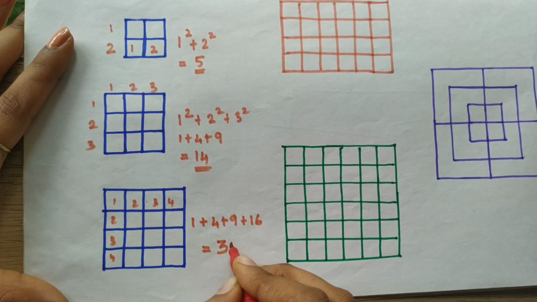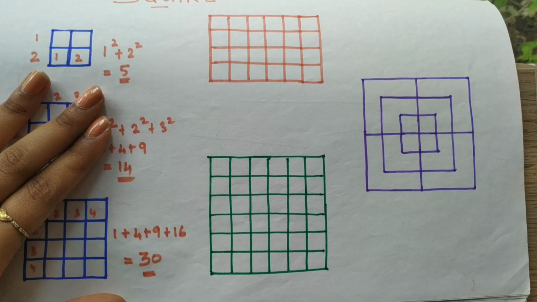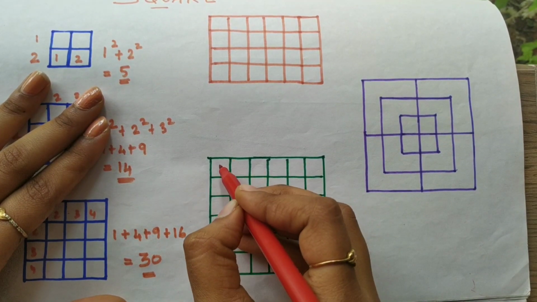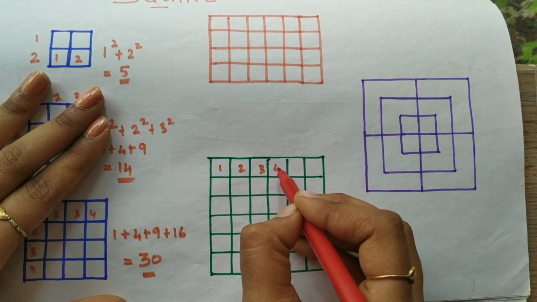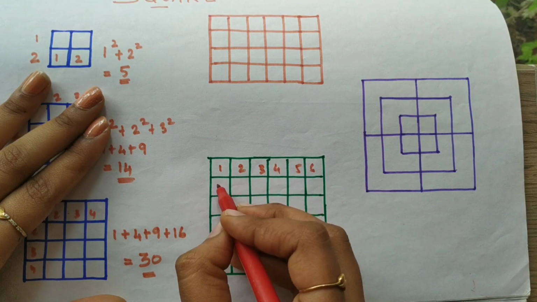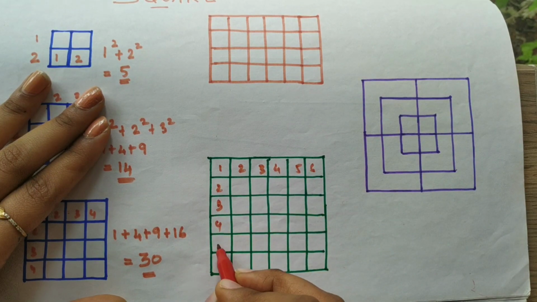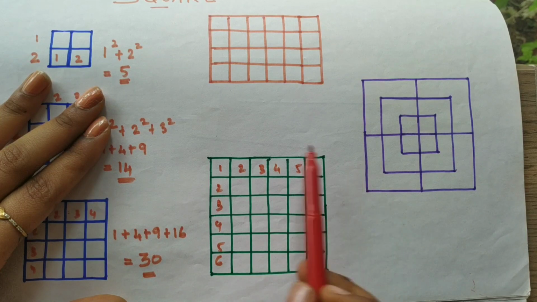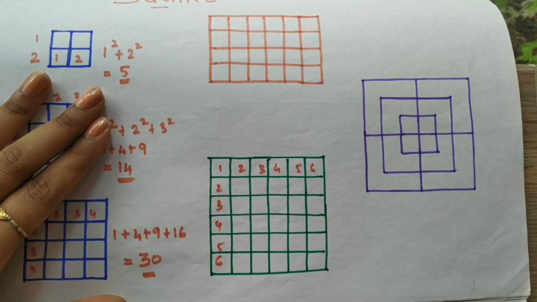So we have 30 squares here. Let's try this one: 1, 2, 3, 4, 5, 6. Can you do this as a practice sum and comment your answers below.